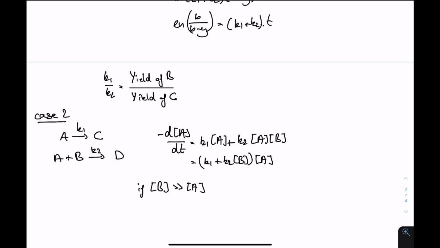So in this case, this parallel reaction will be similar to the one before, but K1 and K2 can be determined individually from the manner in which the pseudo first order rate constant, which will be K1 plus K2 times B, varies with the concentration of B.